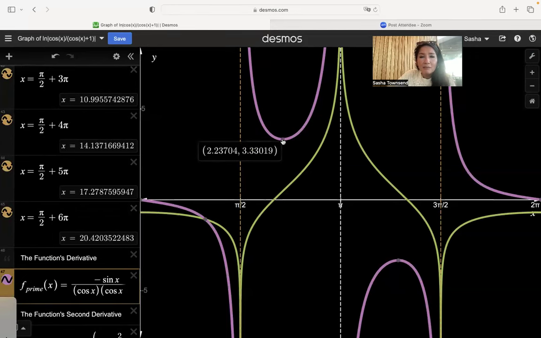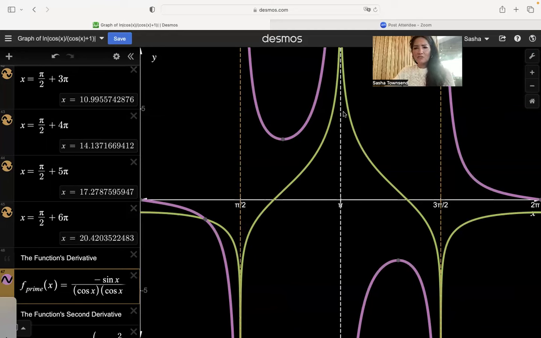It looks like the minimum value of our slope is 3.33, and it occurs at approximately 2.24 as our x value. So at that x value, we've got a minimum slope of 3.33. And then the slope starts increasing again. They start getting steeper and steeper as we approach pi. So that's consistent with what we see.